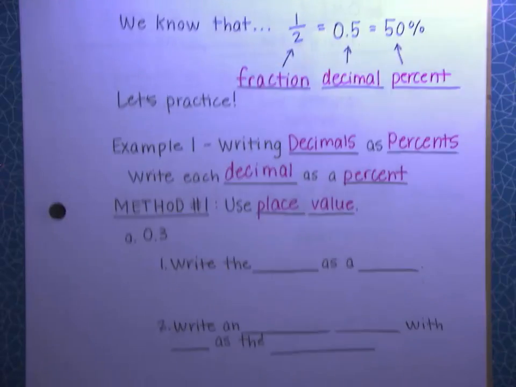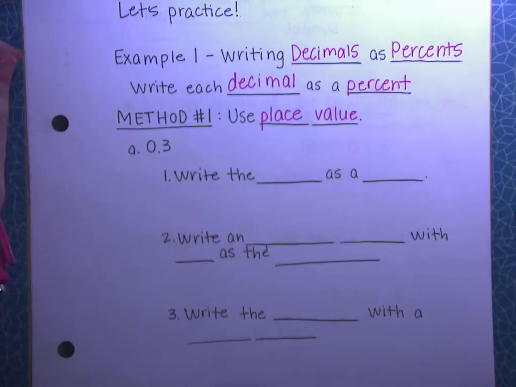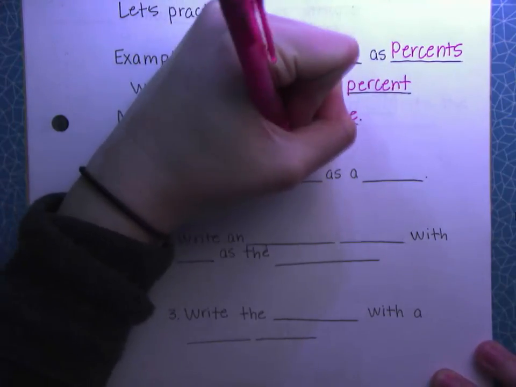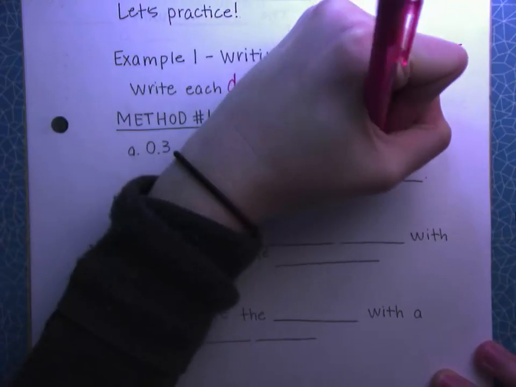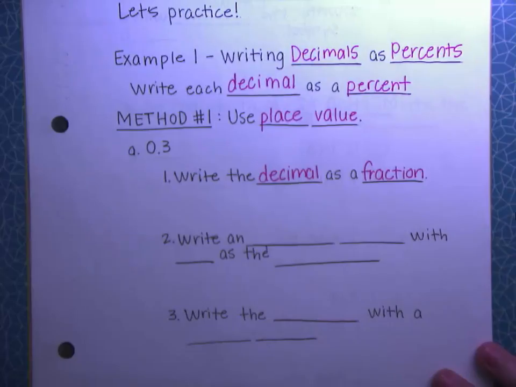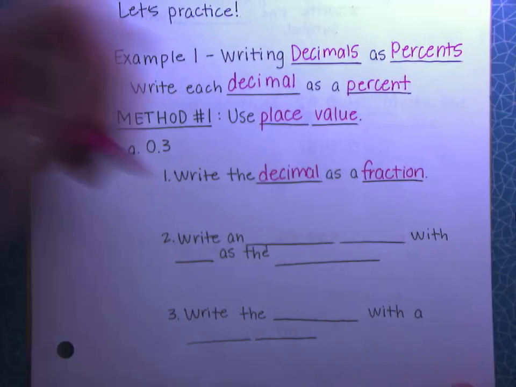Okay? So if we're given 0.3, the first thing we want to do is write the decimal as a fraction. Okay, so 0.3 is the same thing as 3/10.